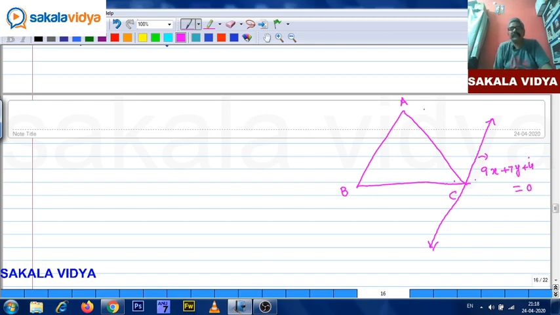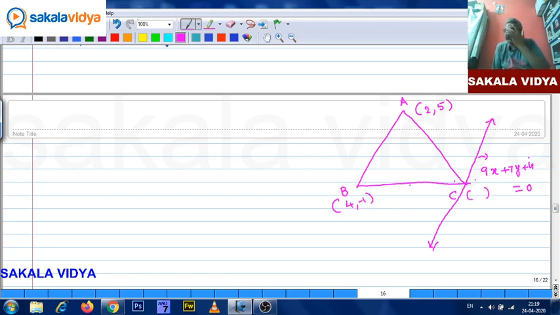Here vertex A is given as 2 comma 5 and vertex B is given as 4 comma minus 1. Vertex C is not given.